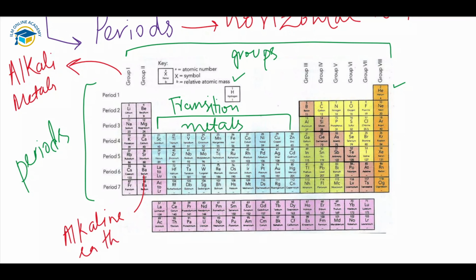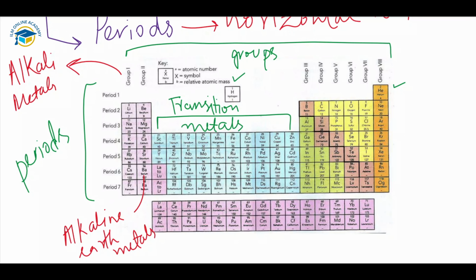These are the reactive metals of our periodic table, and the elements present on this side, in group number 1 and group number 2, are metals. These are the reactive metals of our periodic table, and the most reactive one among all is francium, which is radioactive. But if we exclude the radioactive elements, then cesium is the most reactive one.